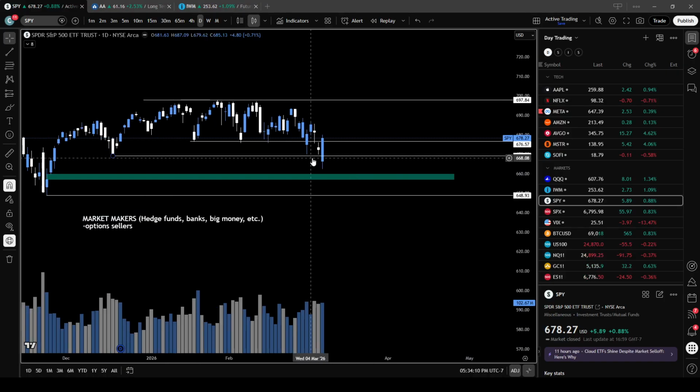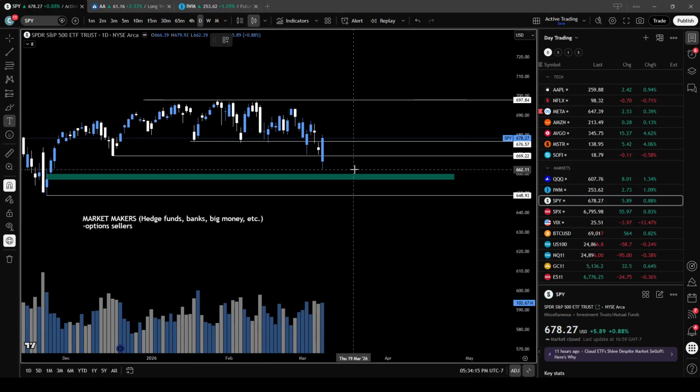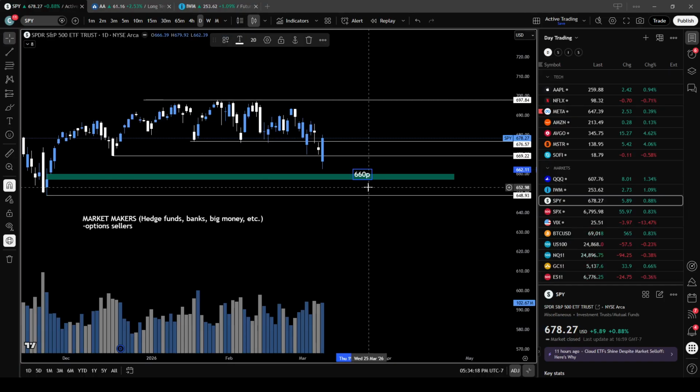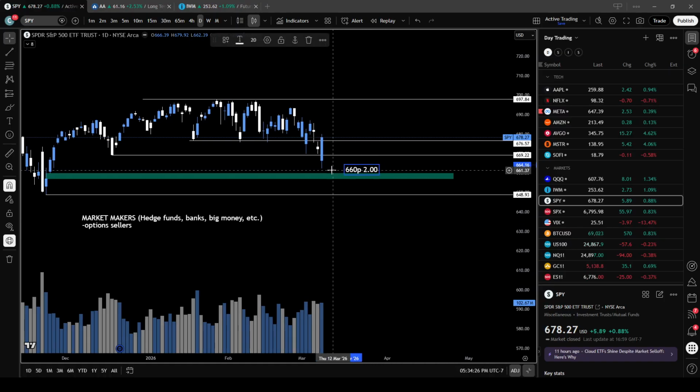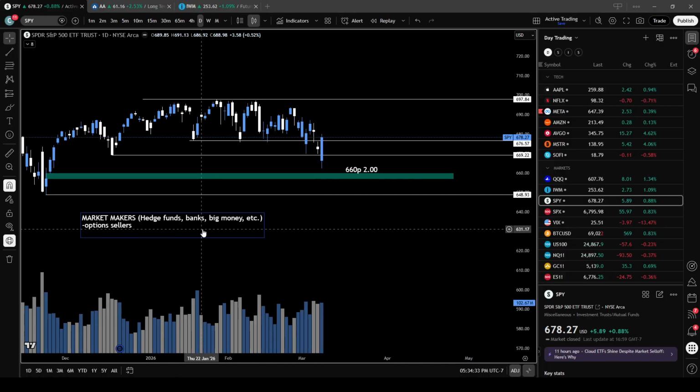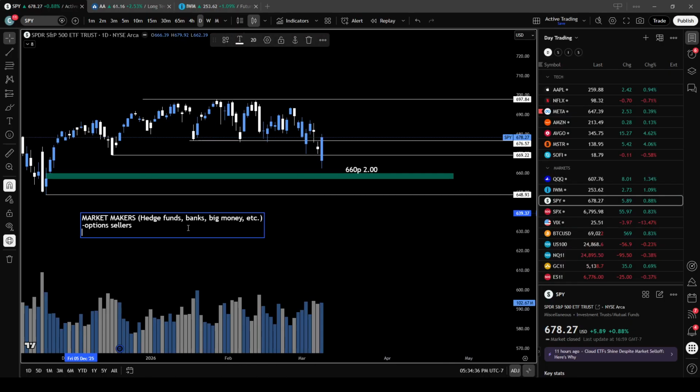So let's say we have SPX today, and there's an entire wall of 660 puts for, let's just say $2, because VIX is high. They're going to do everything in their power not to let it get to 660, because if they do, then they're obligated to sell you that because of the option contract. So let's say you have the 660 put, and then price goes to 658.